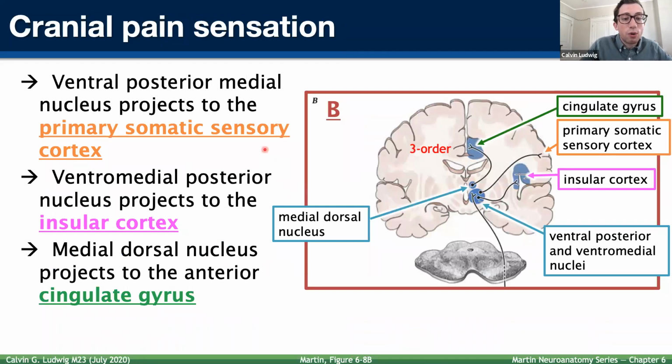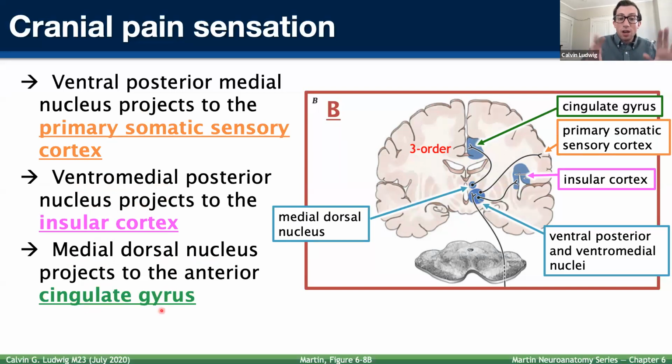Okay, so for now moving up to the third order, I've just chopped off the top part of the figure here. The ventral posterior medial nucleus of the thalamus projects to the primary somatic sensory cortex, similar to the previous ascending pathway A. Ventromedial posterior nucleus projects to the insular cortex, and then the medial dorsal nucleus projects to the anterior cingulate gyrus.